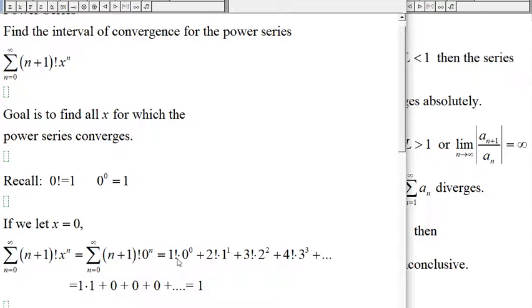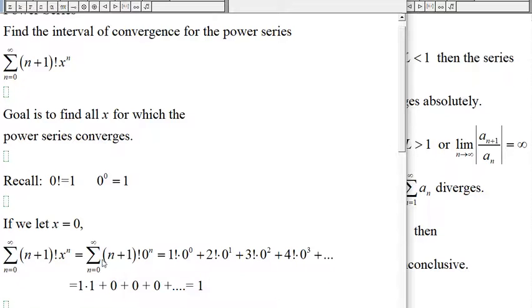1 factorial is just 1, and 0 to the 0 is defined as 1, so we get 1 times 1. Then 2 factorial times 0 to the first is just 0, so we get 0, 0, 0.